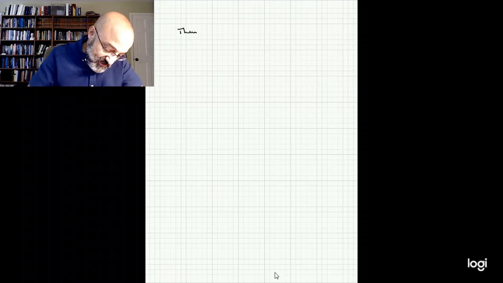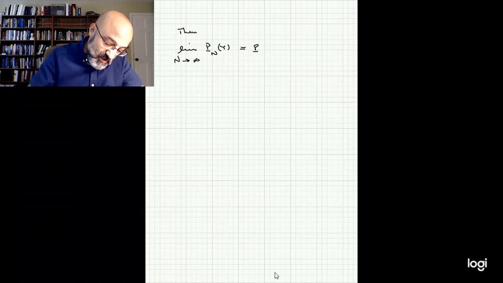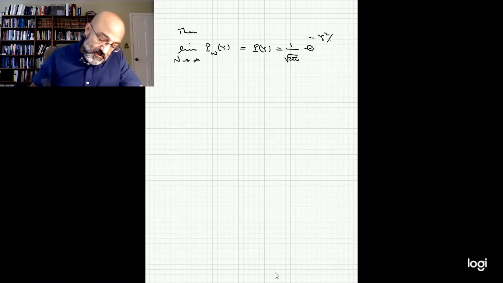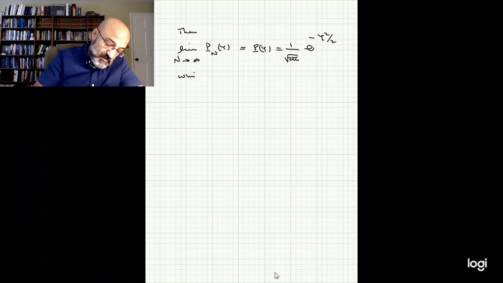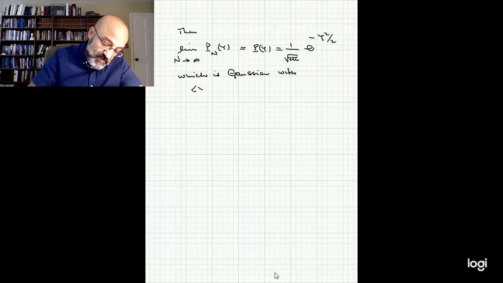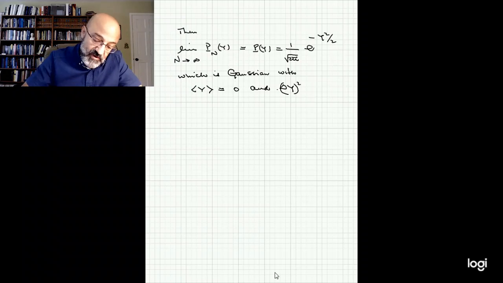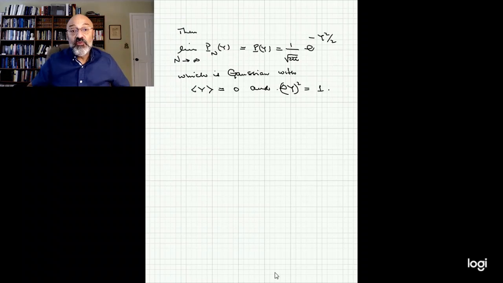the limit of the probability distribution for y as n goes to infinity, which we're going to call p(y), is equal to 1 over root 2 pi e to the minus y squared over 2, which is Gaussian with mean, expected value of y, equal to 0 and the variance of y equal to 1.